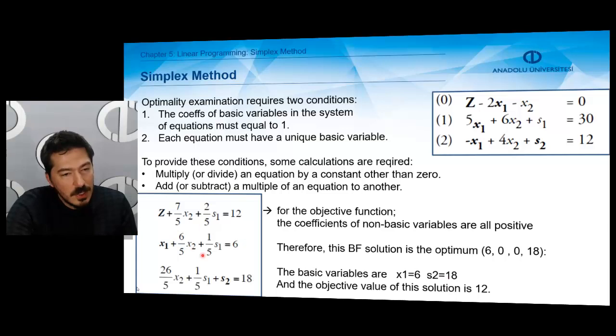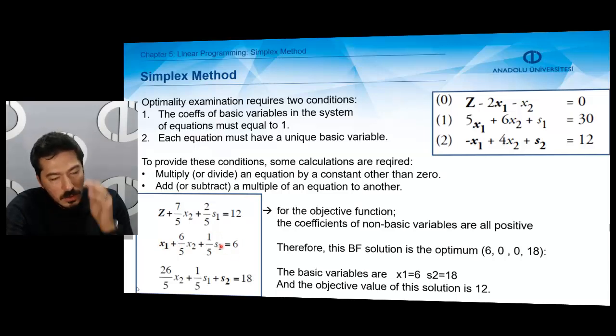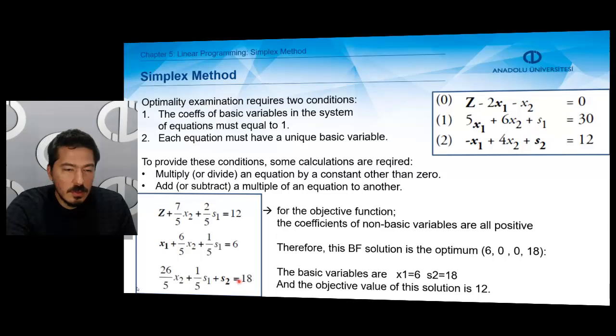In this system of equations, in the middle, we know x2 and s1 are non-basic variables and they have a value of 0, so these two are gone, and the equation turns to the form x1 is equal to 6. Similarly, these two are also gone, so s2 equals 18, and we obtain the values of the basic variables from here as well as in the first equation.